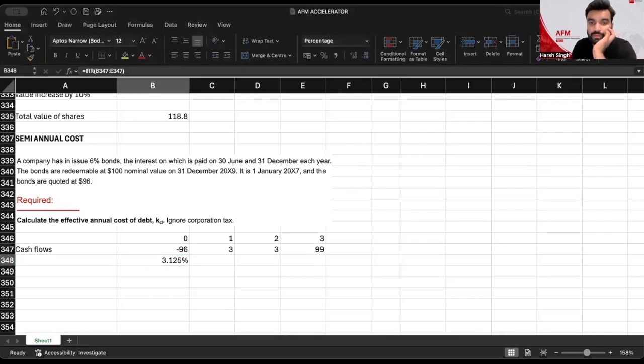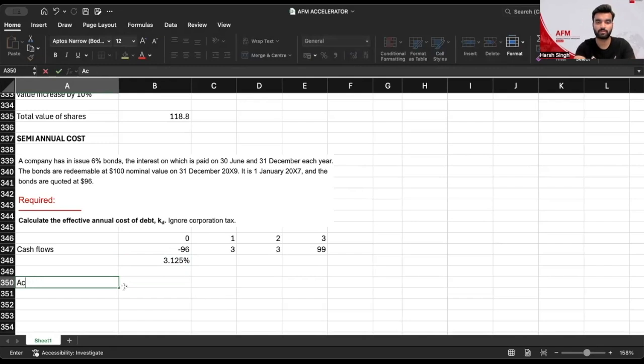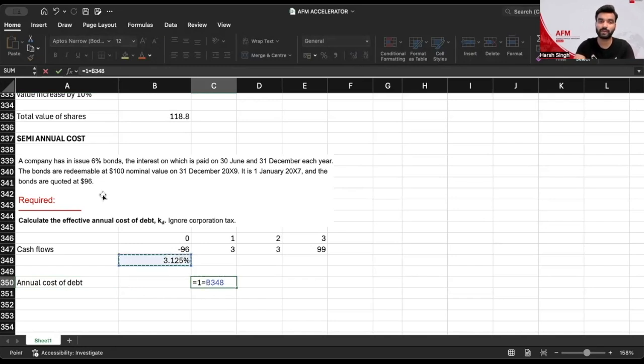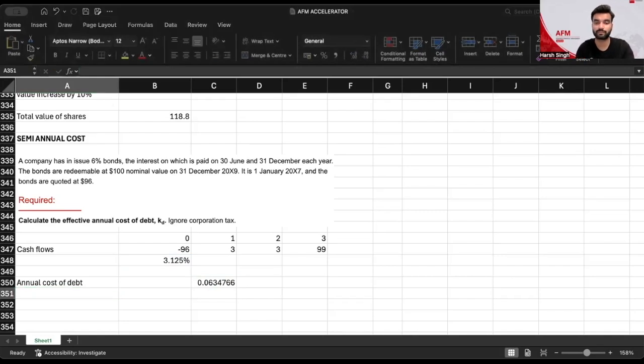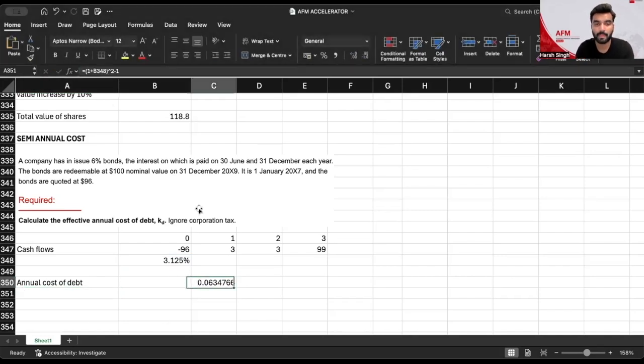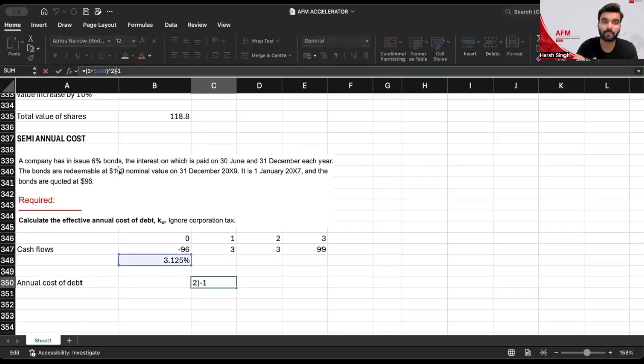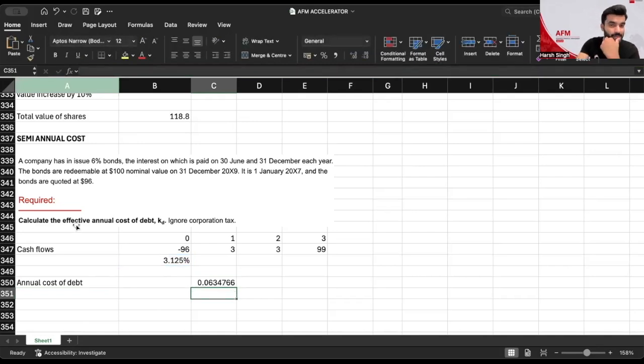That will be equal to 1 plus semi-annual cost, which is 3.25, to the power 2 minus 1. 0.64.